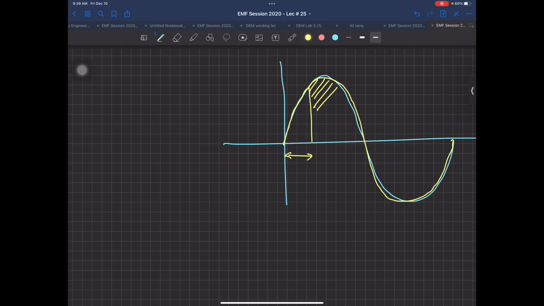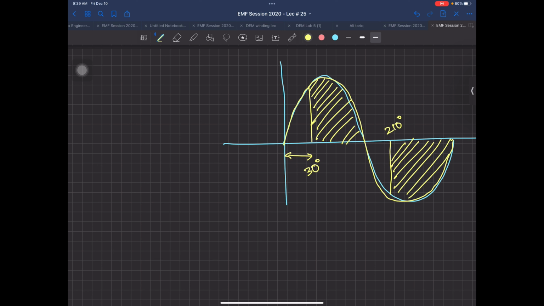Supposing I turn on my circuit at 30 degrees, for example, and in the negative part, I also turn it on at 180 plus 30, this is 210 degrees. So now the applied voltage which I am applying to my machine or that fan, let me make it again. So your machine is having something like this.